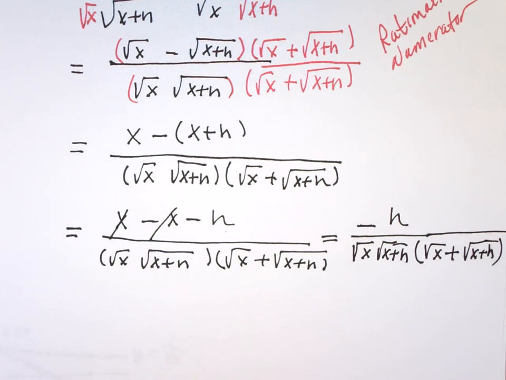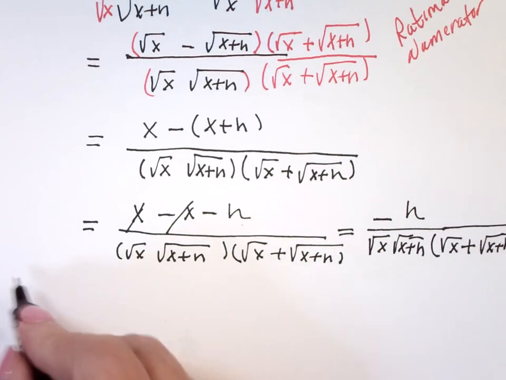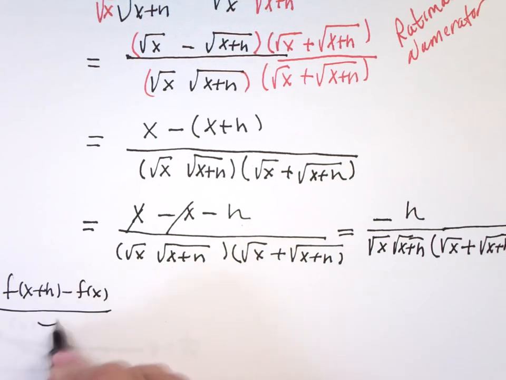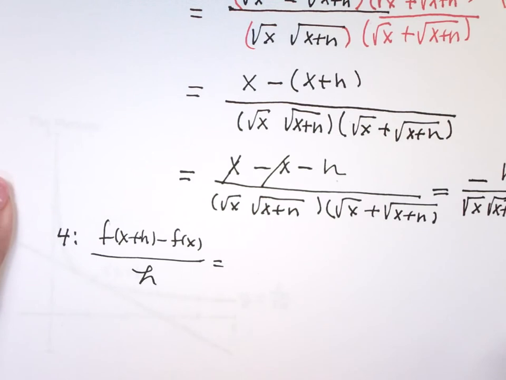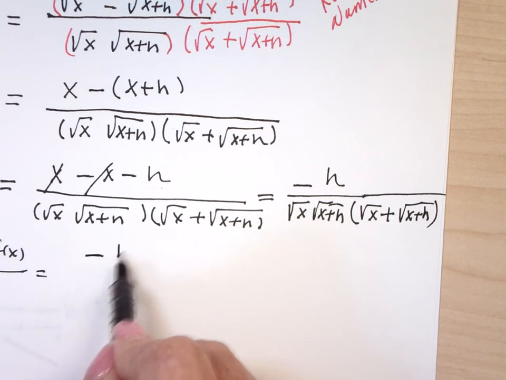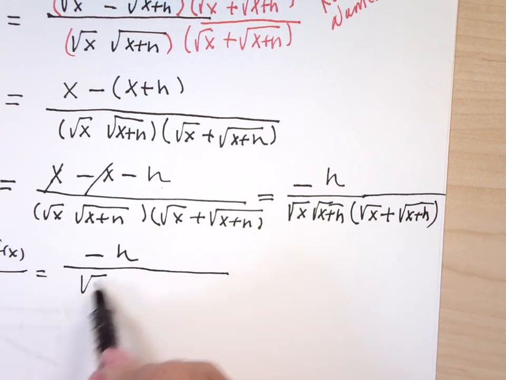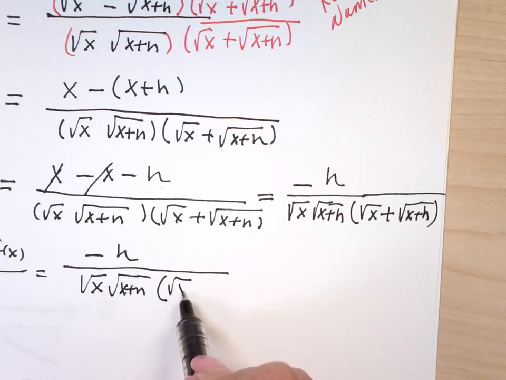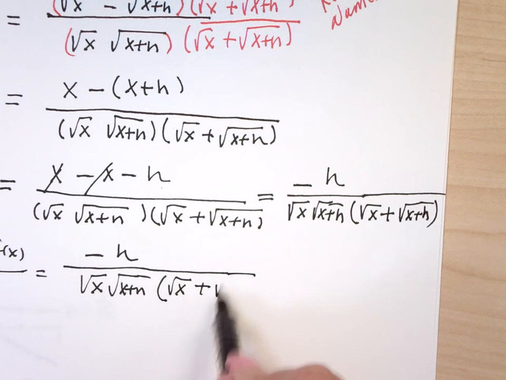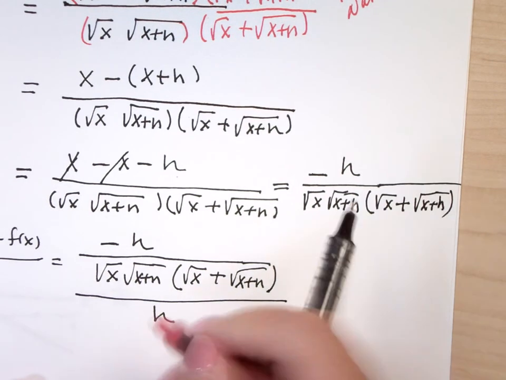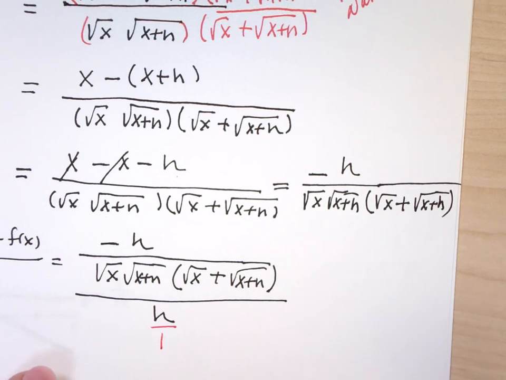Now I put in step 4. We're still in the algebra part, which is f of x plus h minus f of x all over h. So that's that guy. So that means I'm going to take this whole mess times square root of x plus the square root of x plus h over h. Now this is h over 1. That's a complex fraction, so what do we do?